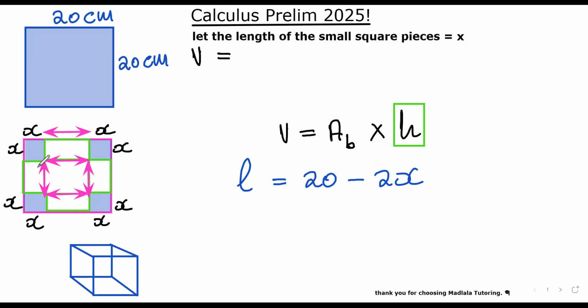So that's very important. These are the sides that are being folded, the green parts. And when you fold them so that they stand vertically, then it means the height of this box is going to be x. You can literally do this at home and you'll see that it works.